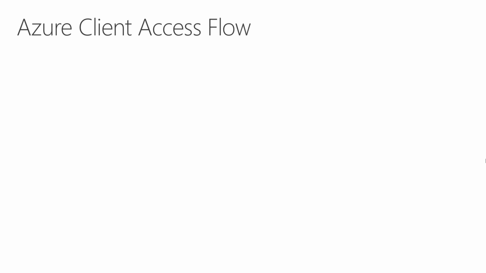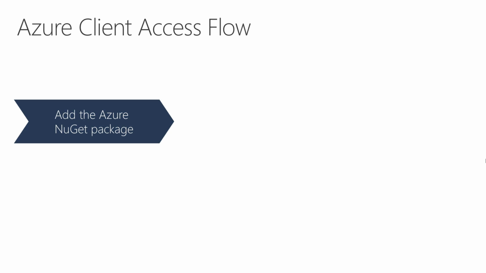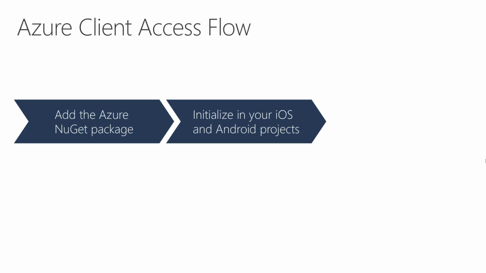So how do we add support for the Azure Client SDK into your Xamarin application? First of all, we'll need to add the Client SDK Assemblies. These are shipped as NuGet packages. It provides several types that implement the high-level abstraction on top of your Azure REST API. Then we go and initialize the Azure SDK, so that's done in the platform-specific projects.